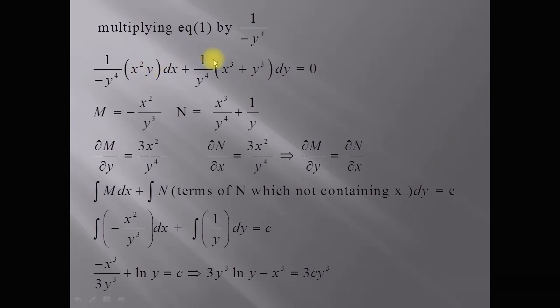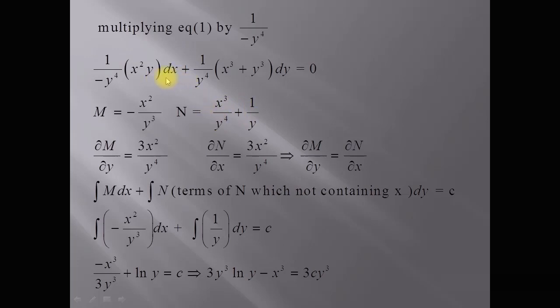Now this is the new differential equation. In this new differential equation, the new M function is x squared y divided by minus y^4, which gives minus x squared divided by y cube. Dividing x cube by y^4 we get x cube divided by y^4, plus dividing y cube by y^4 gives 1 over y. So the new N function is x cube divided by y^4 plus 1 over y.